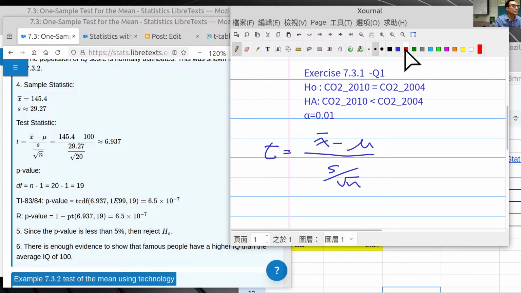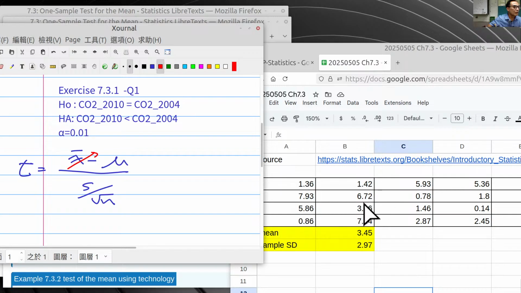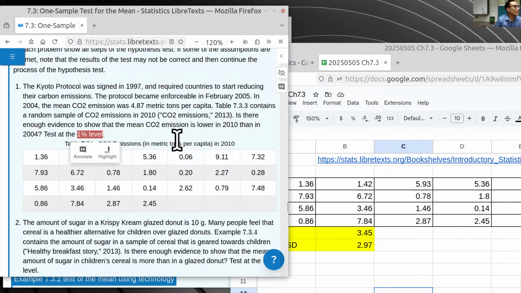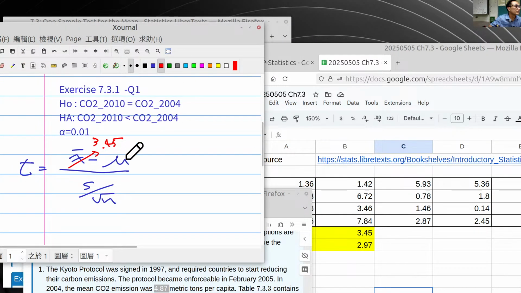Let's calculate. X bar, that's here, 3.45, and the mean is here. The mean is 4.87. And how about the standard deviation?